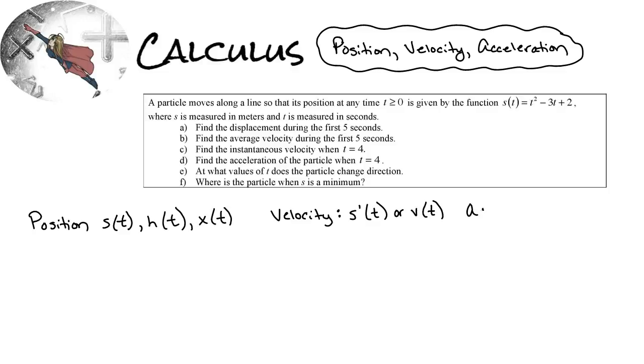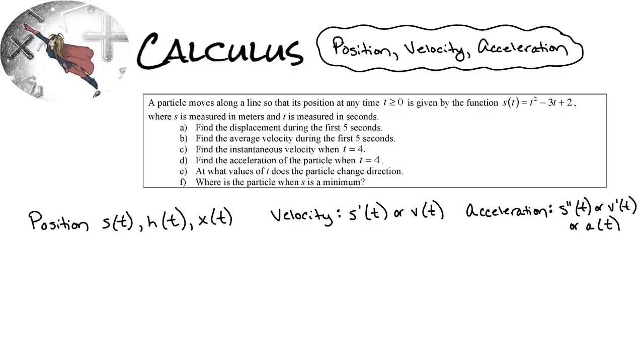And then acceleration is the second derivative, so that would be s double prime of t, or in other words, v prime. So if you have velocity, you can just take the derivative again, and that will give you acceleration. And then you can also give it its own name of a of t. So that's how position, velocity, and acceleration are all connected to each other.